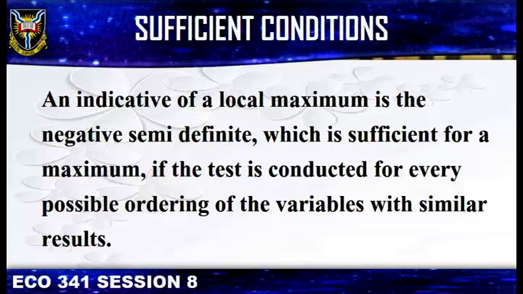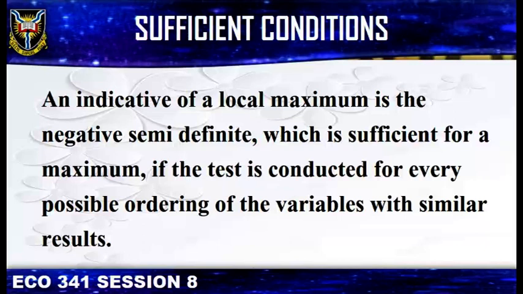Example: the sufficient conditions for the problem in the example under the maximum principle are given below. Let us start with the objective functional that is non-linear. We take the second derivatives and apply the discriminant test. D is equal to fxx, fxy, fyx, fyy, which is equal to 0, 0, 0, minus 10, where modulo D1 is equal to 0 and D2 is equal to modulo D is equal to 0.